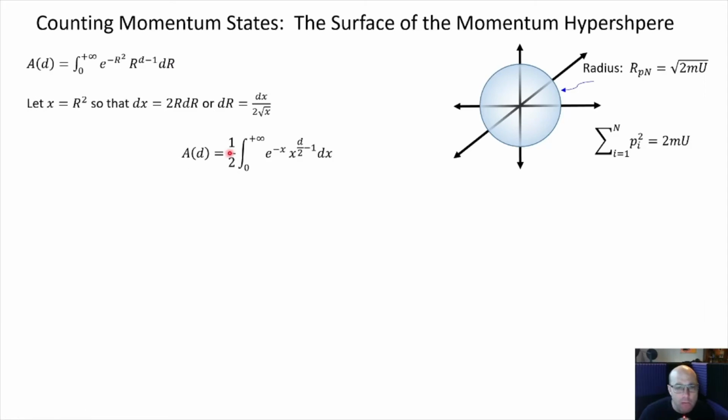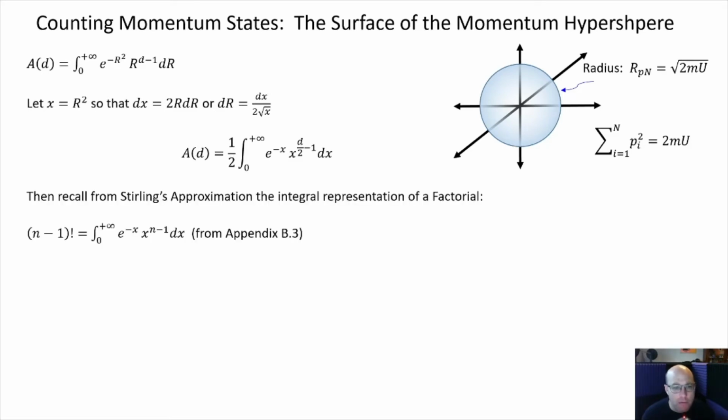And you get that A of d is equal to 1/2 the integral from 0 to infinity of e to the minus x, x to the d over 2 minus 1 times dx. It doesn't really look like I've done anything useful, but this integral, it turns out, is exactly the form of the expression for factorial from Schrödinger's appendix B3, right?